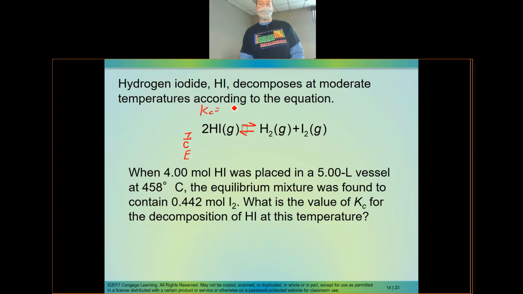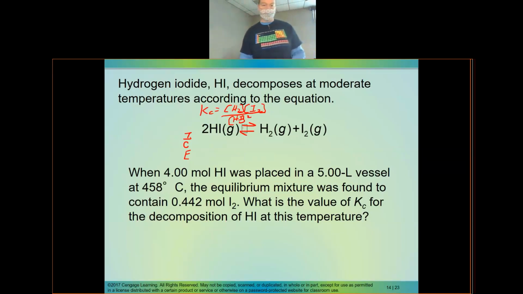Kc is going to be my concentration of hydrogen times my concentration of iodine divided by my concentration of HI, hydrogen iodide gas, squared. So if I were doing the units on this one, it would be molarity times molarity divided by molarity squared. So it would be a unitless Kc.